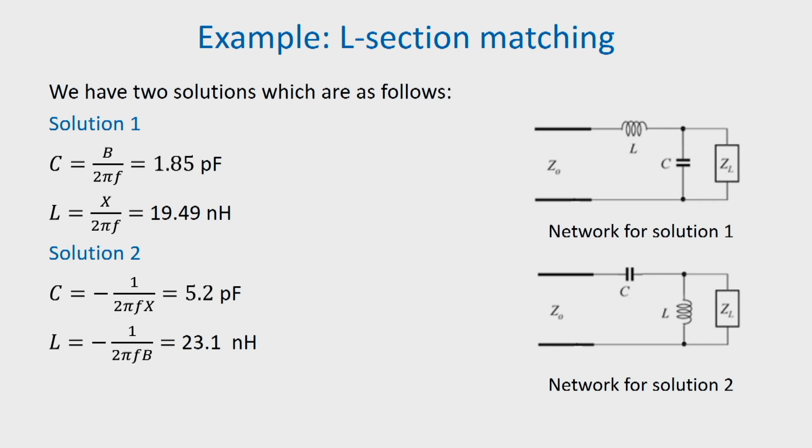That means, the load impedance of 100 minus j 50 at the operating frequency of 500 megahertz with these values of L and C used in the two circuits respectively.